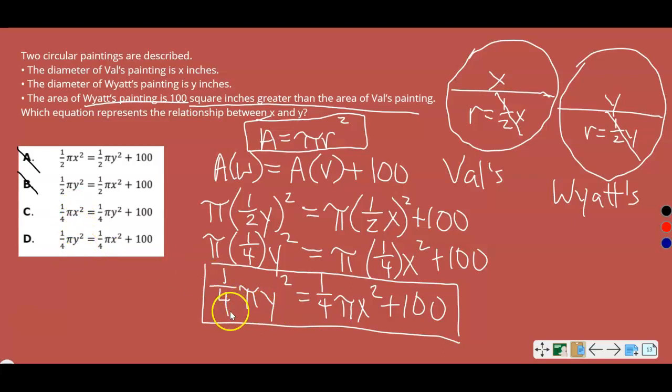So D looks like my equation to start with. So let's check the rest of it. 1/4 pi x squared plus 100. So I can say that D is the best equation here to describe the relationship between x and y.